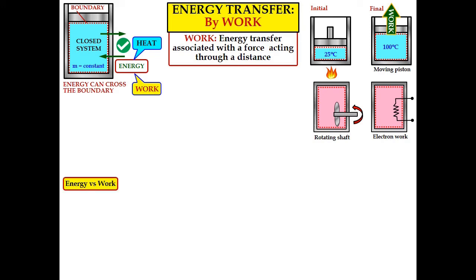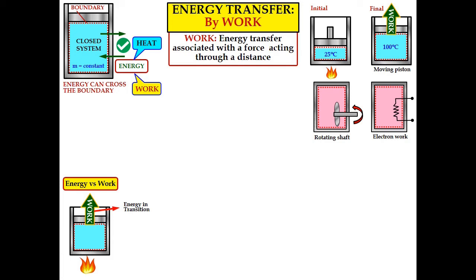What is the difference between energy and work? We have a cylinder-piston device with a heat source. Due to the expansion of the substance inside the cylinder, the piston moves upward and produces work.